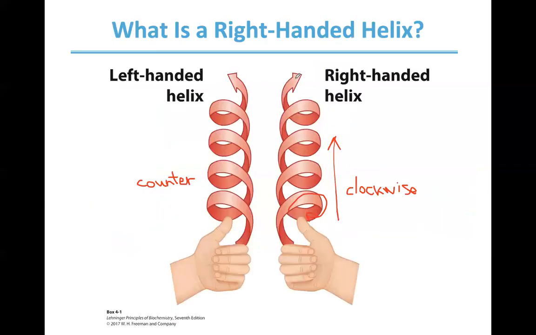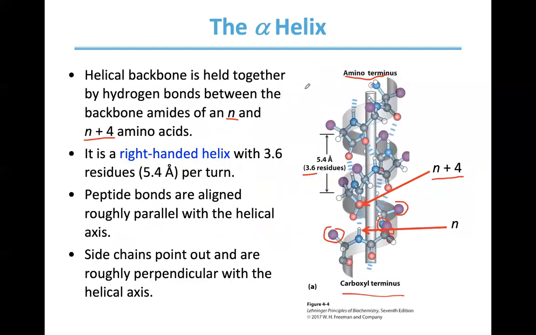Same thing here, right? If you position yourself at the bottom, this is your eye, like here. Remember when we did the RS configuration? You position yourself down there at the bottom, and you look in the direction of propagation, from the carboxyl to the amino terminus, right?